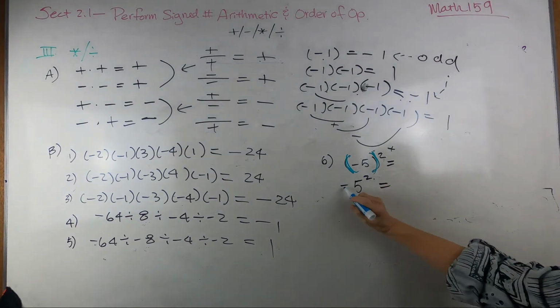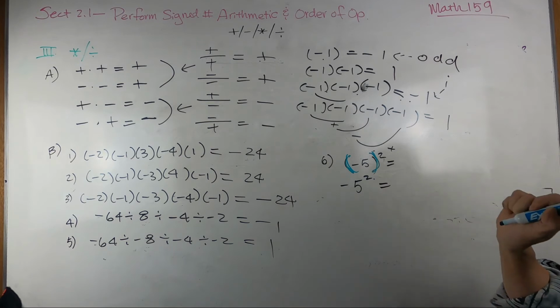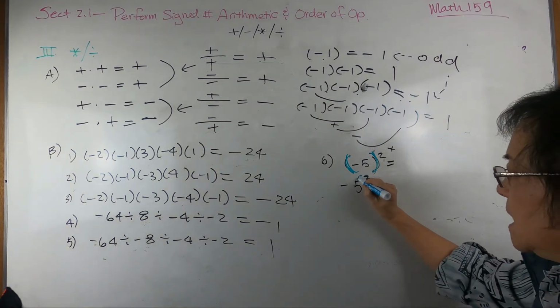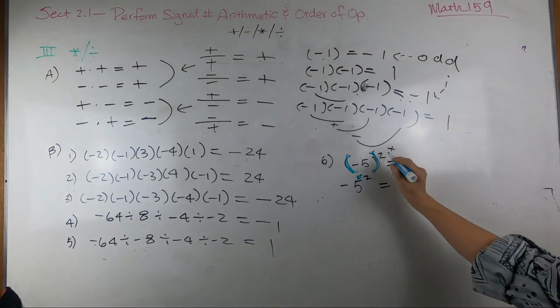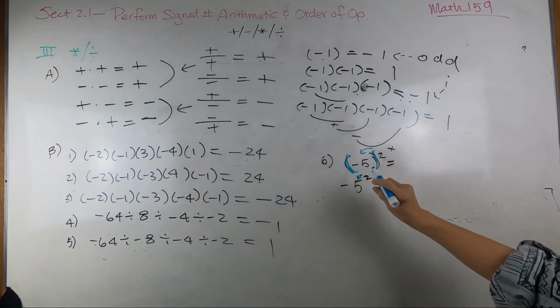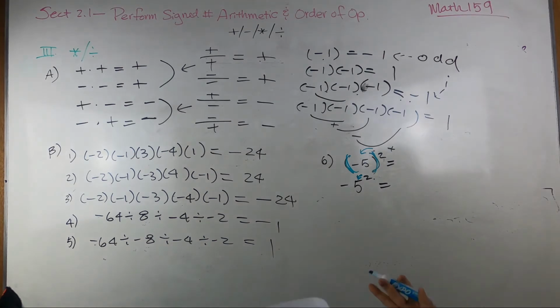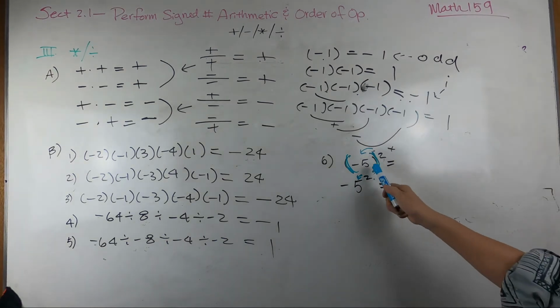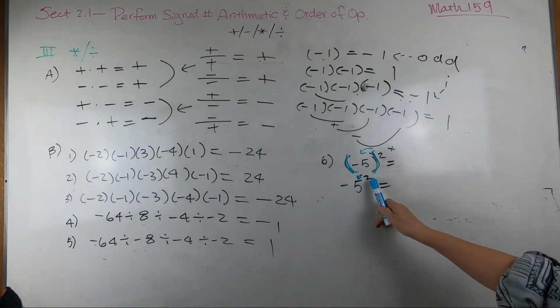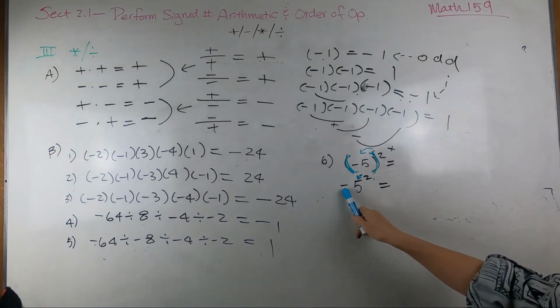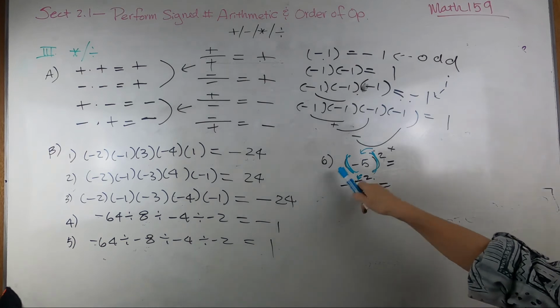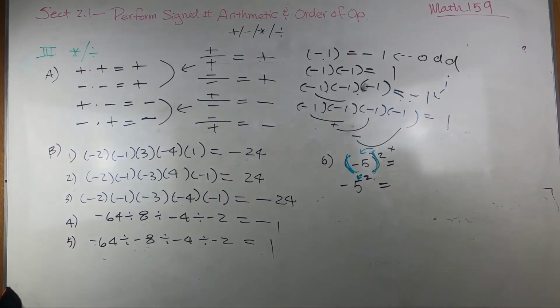You have a power, but you have negative 5 here. The power is attached to the number right in front of it. Here, the power 2 is attached to the whole thing with parentheses as a group, which is what? Negative number. The whole base is negative 5. But for this square, the base is only 5. Then the negative sign is attached to the number behind it.